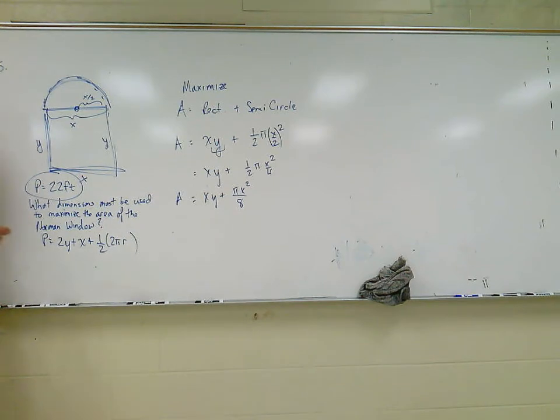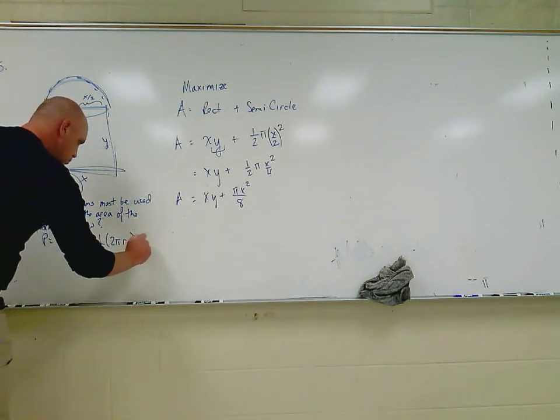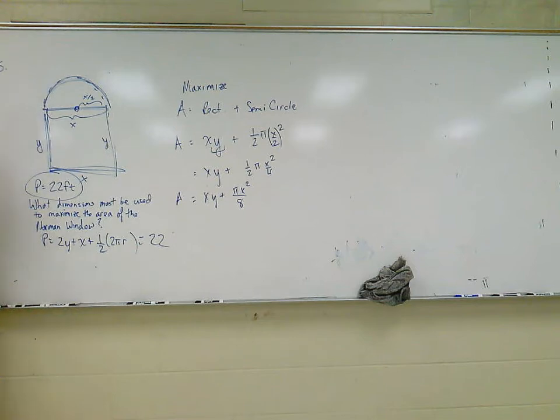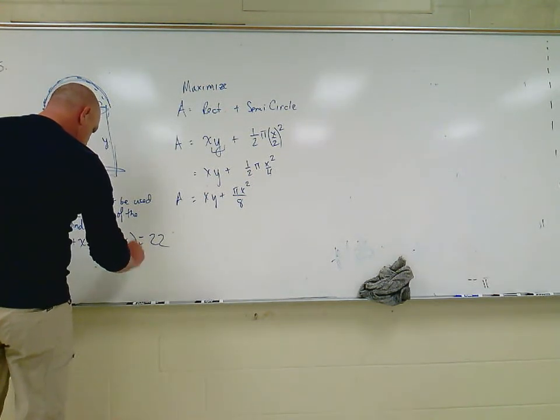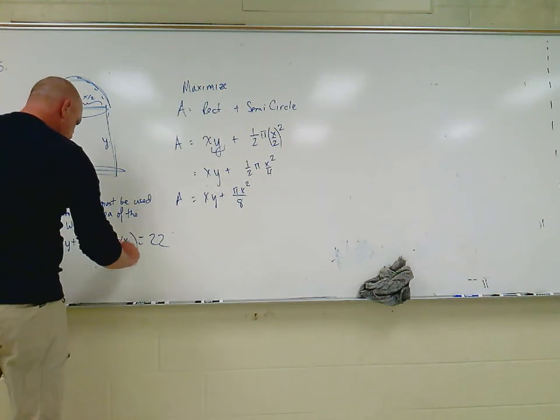And that perimeter should equal 22. So now I'm going to solve for y in terms of x, because I don't want to have two separate variables on the right hand side. I've got to take this r out again, so the radius again is x over 2.